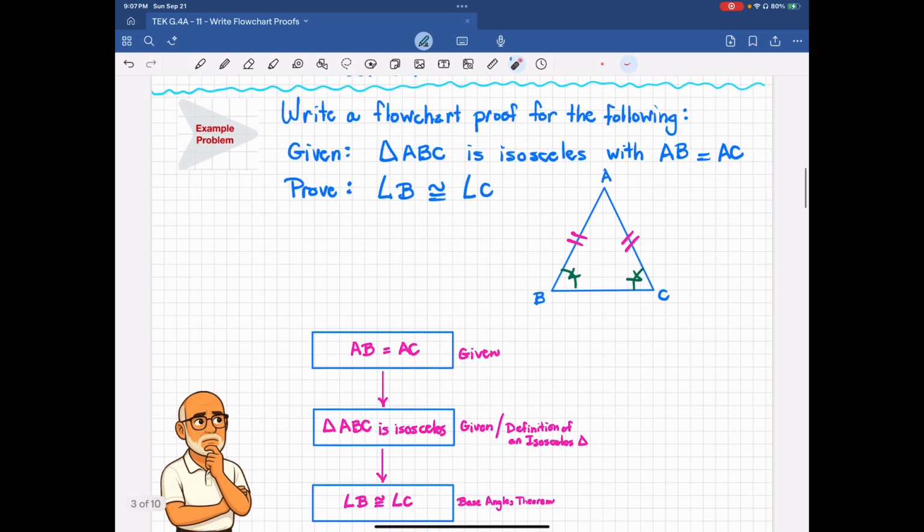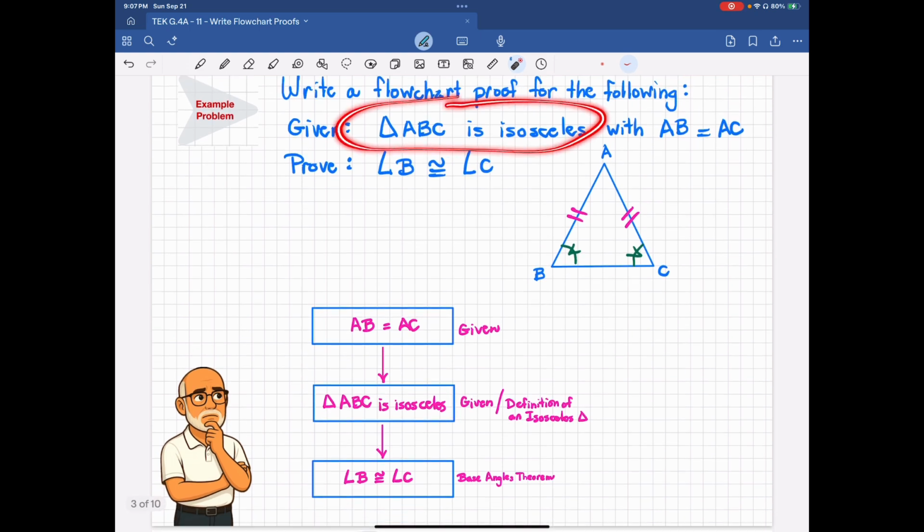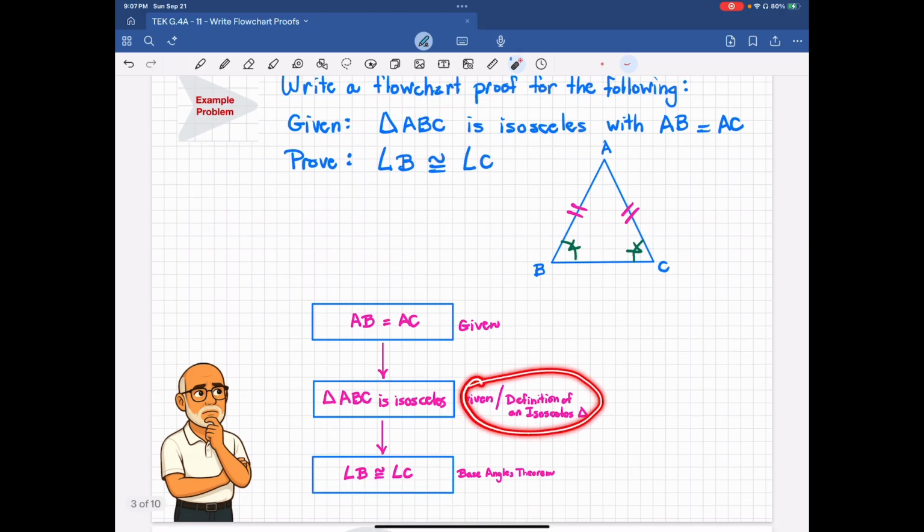Well, where did I get that? Well, if you look up here, triangle ABC is isosceles. That is a given piece of information, but it's also the definition of an isosceles triangle. So if we know that two sides are congruent, our next thought could be that the triangle has to be isosceles.